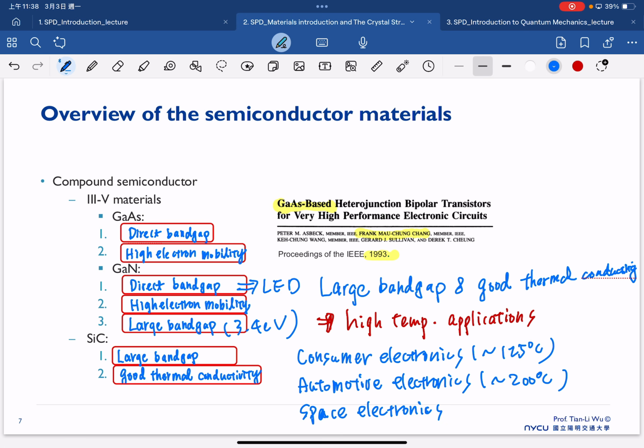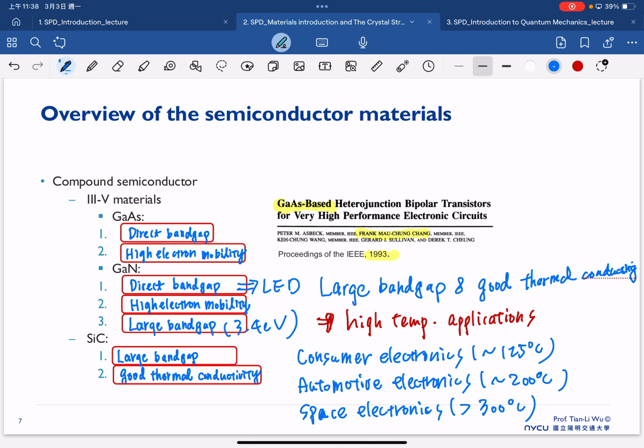So in the case of space electronics, we need to make sure our semiconductor technology is very stable at relatively high temperature, more than 300 Celsius degrees.